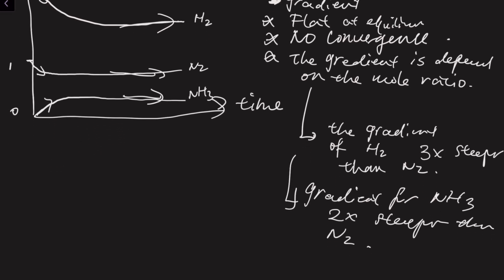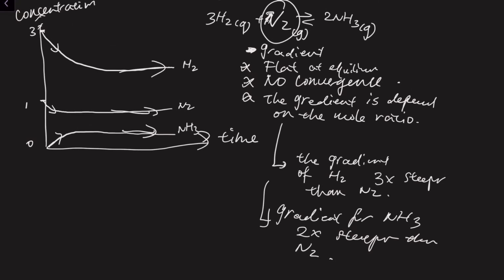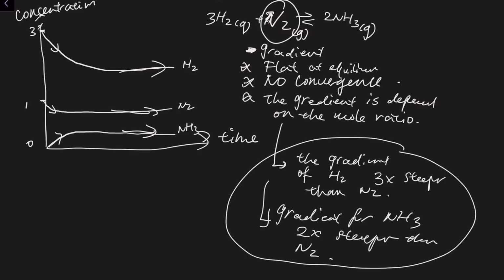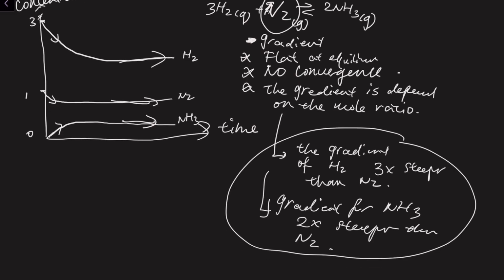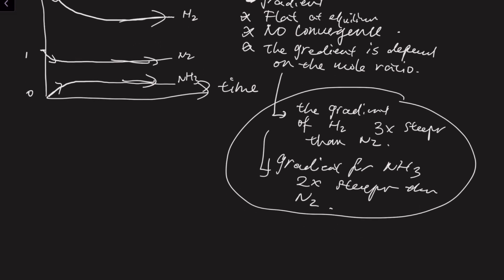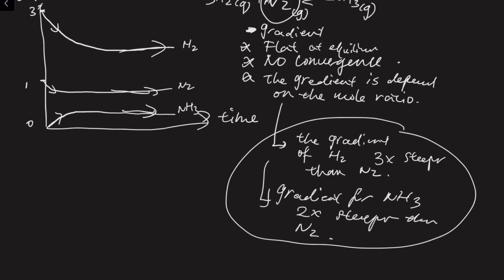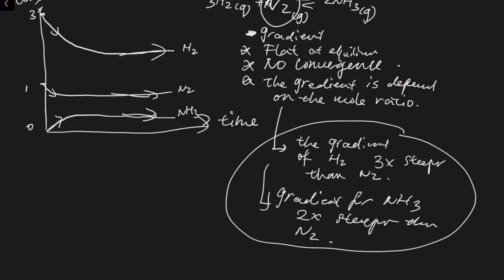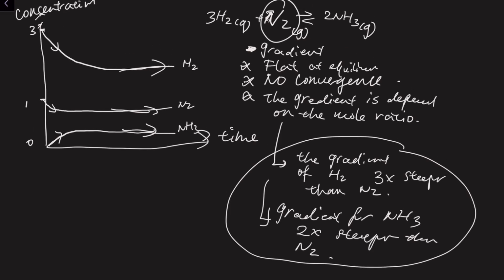If you are not good at drawing, like me, you can always put this statement beside your graph, and the examiner would award you marks if you do that. Or if you are very good at drawing, you can just show that the gradient for the hydrogen gas concentration is actually 3 times as steep as the gradient for nitrogen gas.